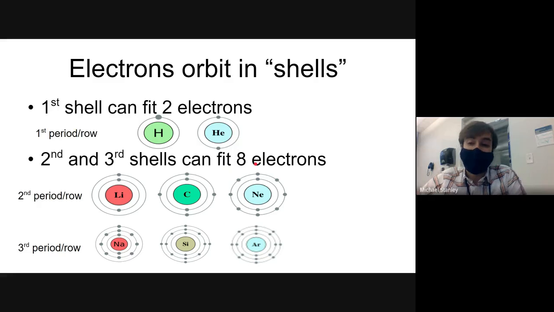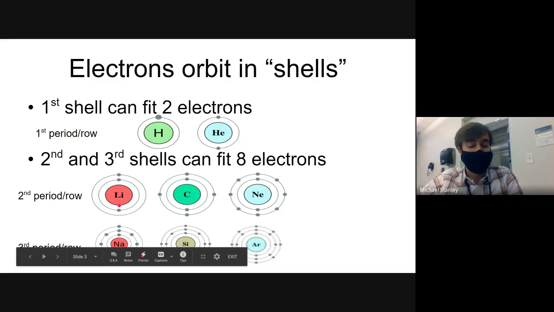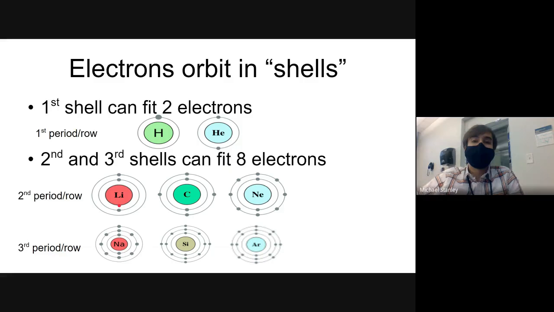So what does this mean for a couple different atoms? Well, let's start with lithium. Lithium is right after hydrogen and helium. Lithium right here is the third atom in the periodic table, so lithium has 3 electrons. We put the first 2 electrons on shell 1, but we still have 1 electron left over.